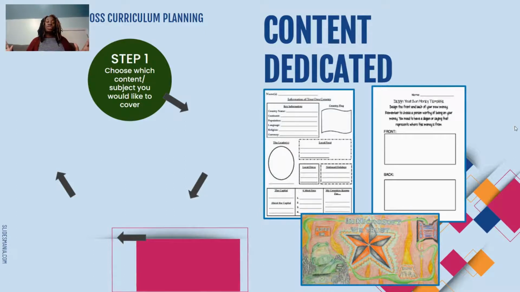So the first thing you're going to do is choose what content or subject you're going to cover within your art project. What's most important is the subject or the content. The art project can always change, but you want to make sure that what you're teaching the students as far as content does not change. So in this instance, it's going to be very rich with that subject.